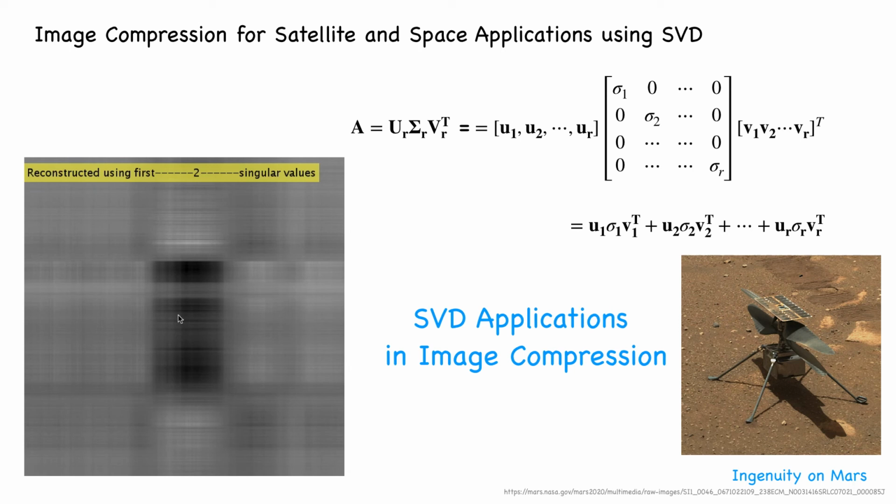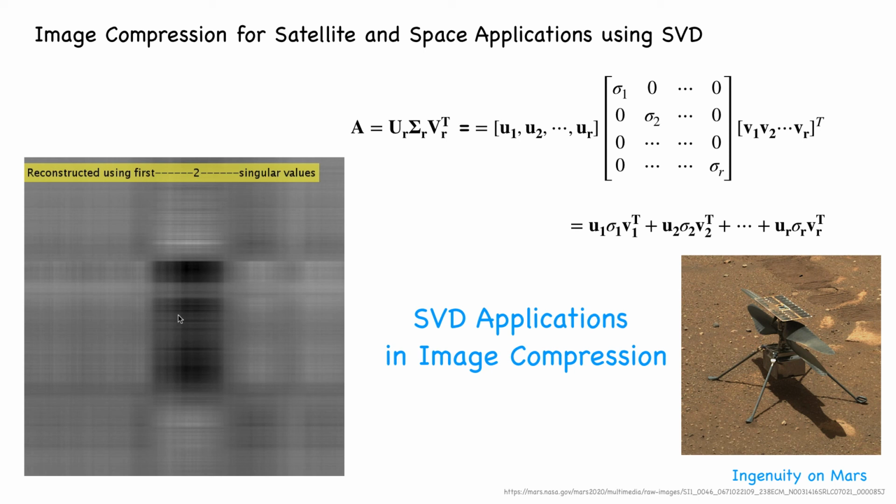U is of dimension m cross r, sigma_r is of dimension r cross r, and V_r is of dimension r cross n. Such a matrix is constructed based on the first r singular values.